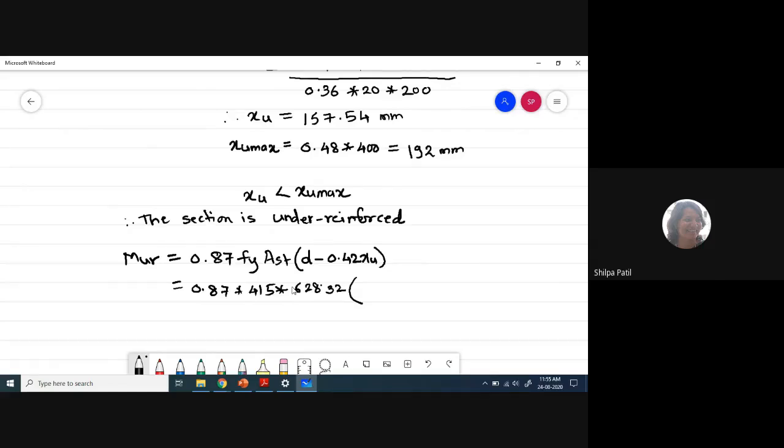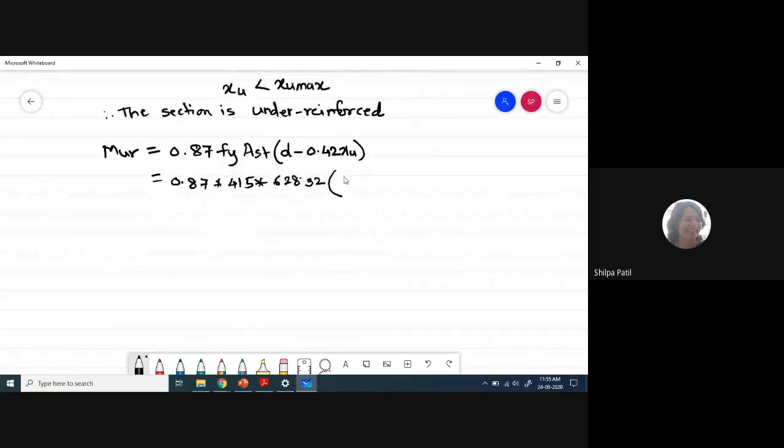What is the D value? 400, right? 400 minus 0.42 into XU. Now, what is the XU value? The actual XU value is 157.54. Correct.